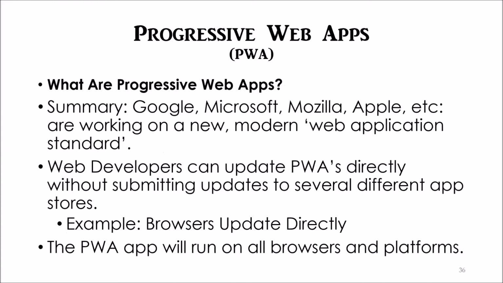A whole new subject, and a lot of people are already on board with this, and so I wanted to bring it up because it's coming out, of course, in the 2018 update. Progressive web apps. Now, don't let it confuse you because it's really kind of simple. The web developers can come up with an update to a progressive web app, and they can make it directly to it. This is happening now.